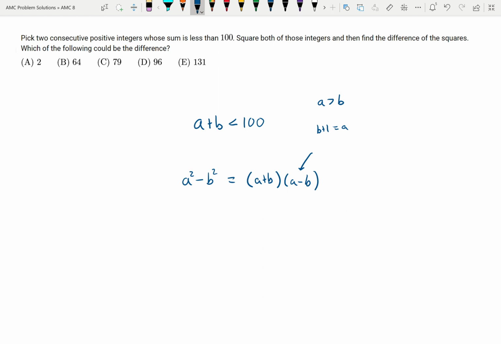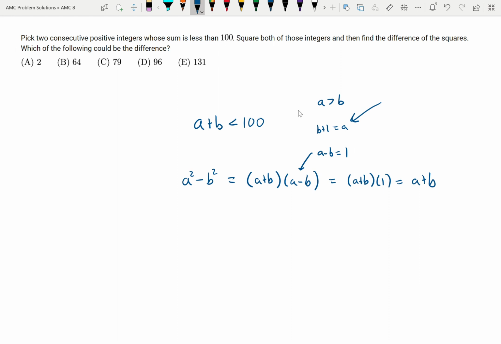Since a and b are consecutive integers and we defined them like this, a minus b is going to be equal to 1. So we have a plus b times 1, that's equal to a plus b. So when you square a and square b and take their difference, it equals a plus b.